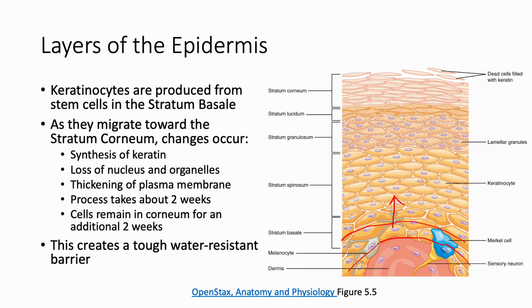And through that process, what happens? Well, these keratinocytes make keratin. The nucleus and other organelles disintegrate. At that point, the cells are dead, right? As I mentioned, the plasma membrane gets thicker, and this helps with our being waterproof. It takes about 2 weeks, and then they remain about 2 weeks. So ultimately, we get tough, keratin-filled dead cells that have this water-resistant barrier.